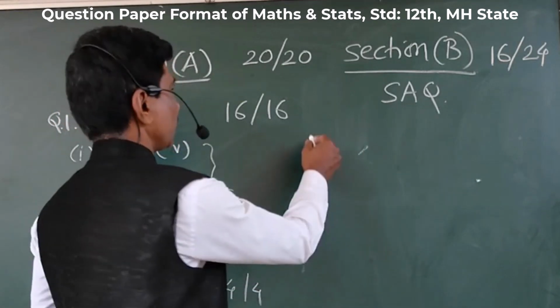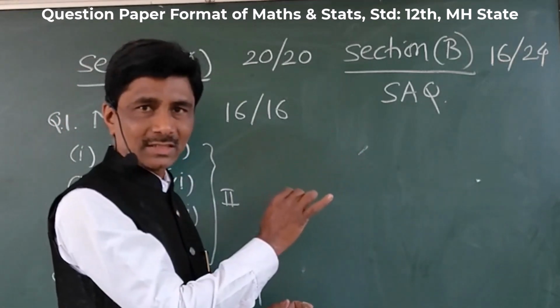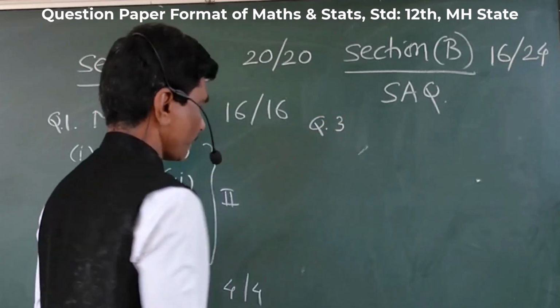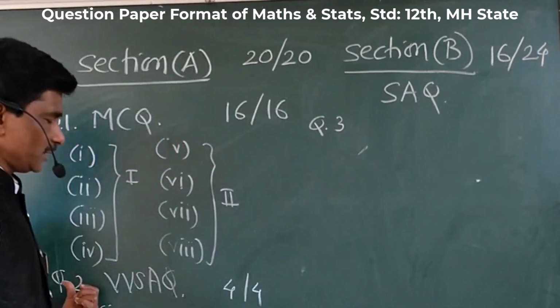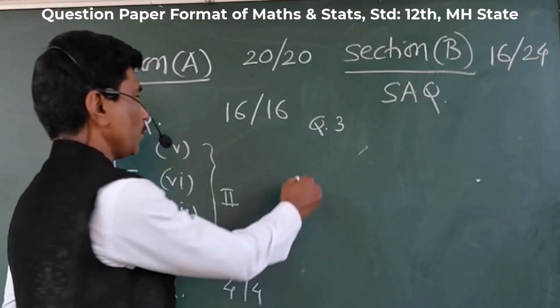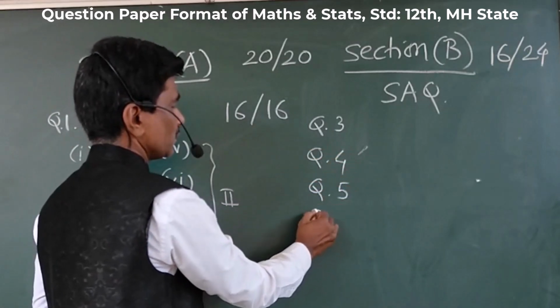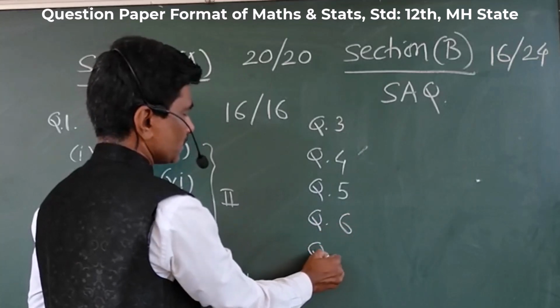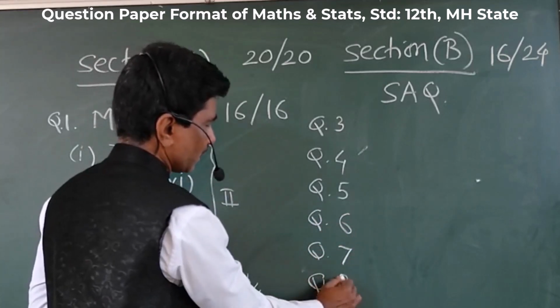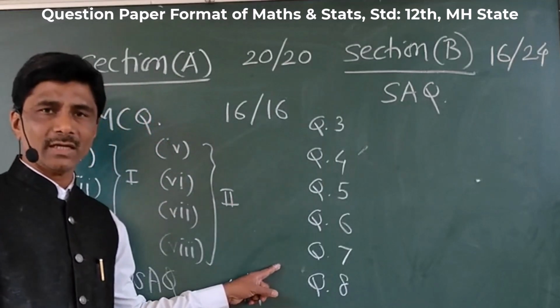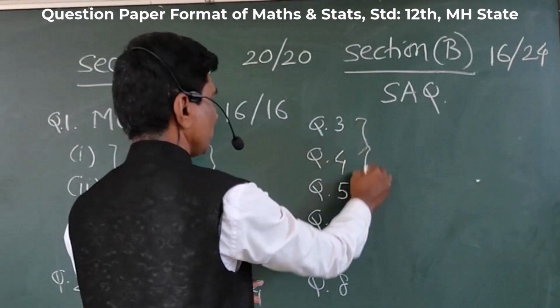So there are 12 questions in this section. Questions start from question number 3. Then question 4, question 5, question 6, question 7, question 8. These are the 6 questions asked from part 1 in this section.